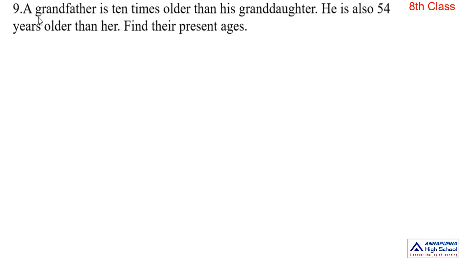But when you observe the first sentence, a grandfather is 10 times older than his granddaughter, that means grandfather's age is completely dependent on the granddaughter's age. How? Grandfather is 10 times older. Times means multiplication.